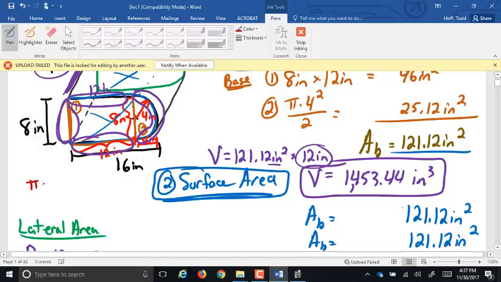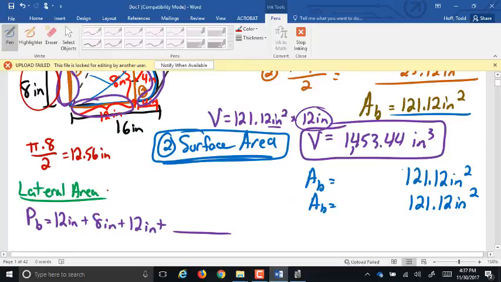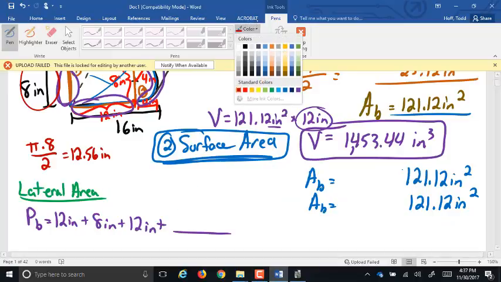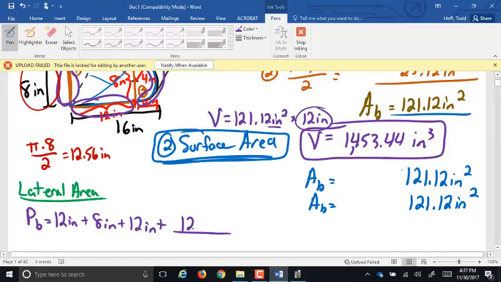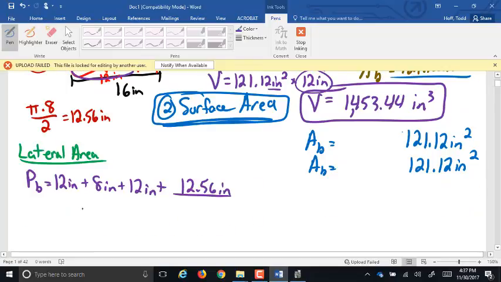So it's pi times the diameter, the diameter is 8, divided by 2, which is 12.56 inches. So we add that together, gives us the perimeter of our base, which is 44.56 inches.